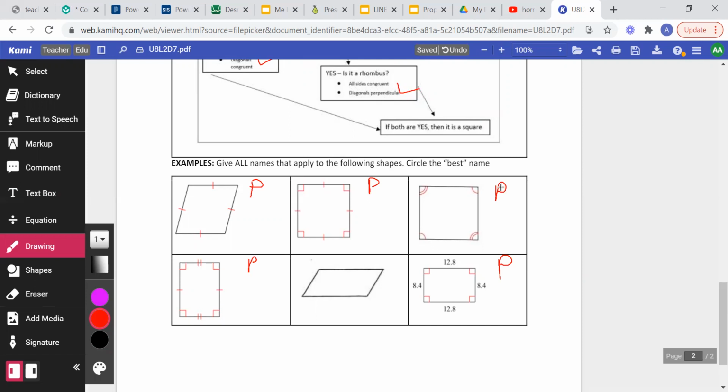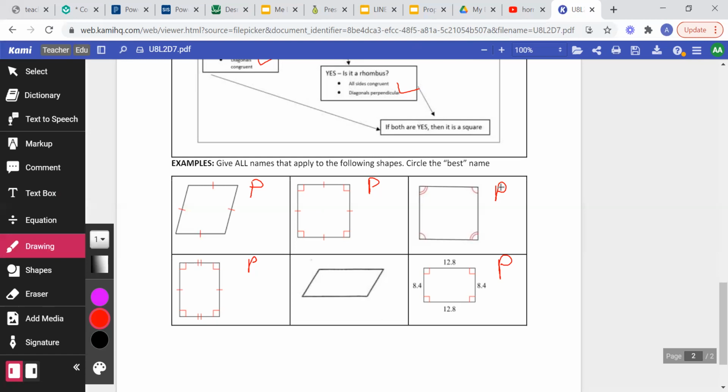And then in this, the first one, what can you say about the sides? Savannah, what can you say about the sides of this first figure? Okay, since all the sides are congruent, what kind of figure is that? You said?